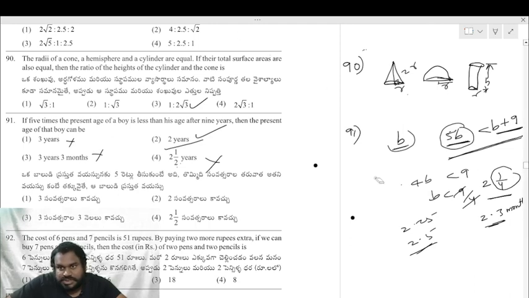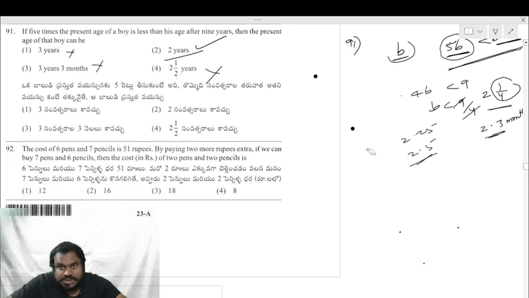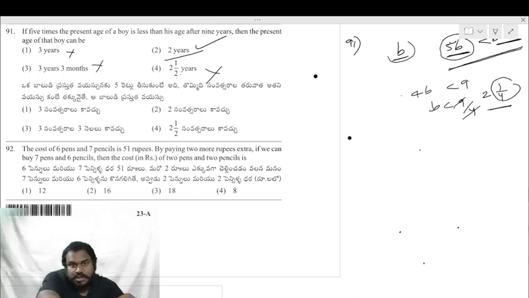After this class, I'm going to start percentages, and that class will be very effective. You can learn all the concepts related to percentages.